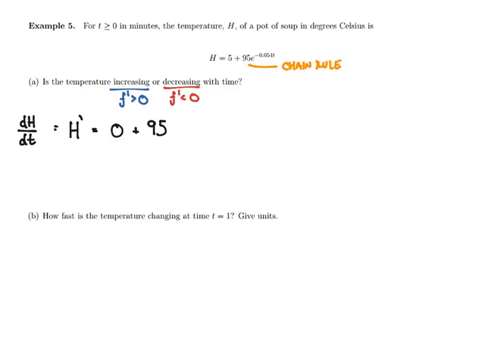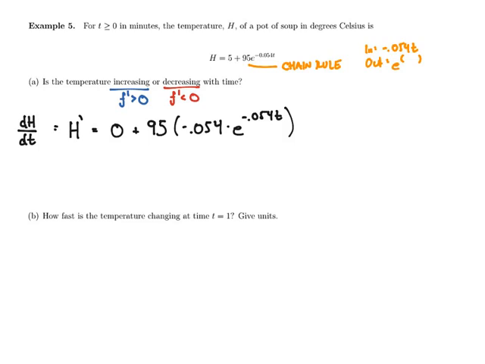And then to do this derivative, I'm going to have to use the chain rule. Inside is negative 0.054 t. Outside is e to the something. And the derivative is going to be this negative 0.054 times e to the negative 0.054 t. That is, the derivative of e to the x is just e to the x.